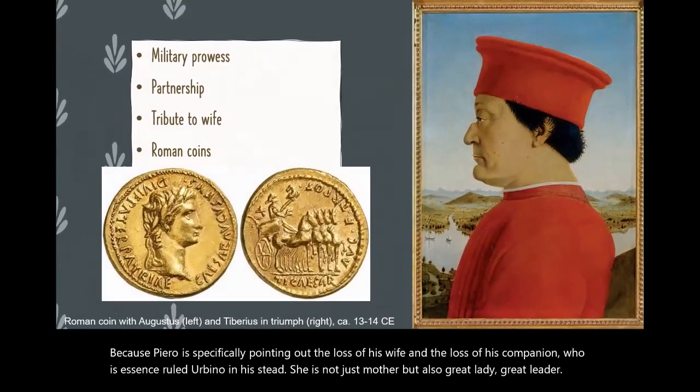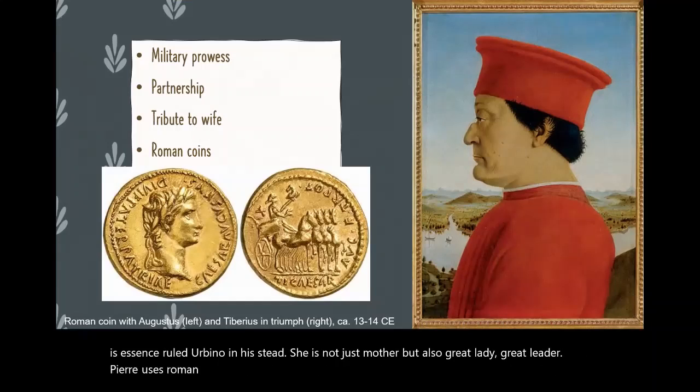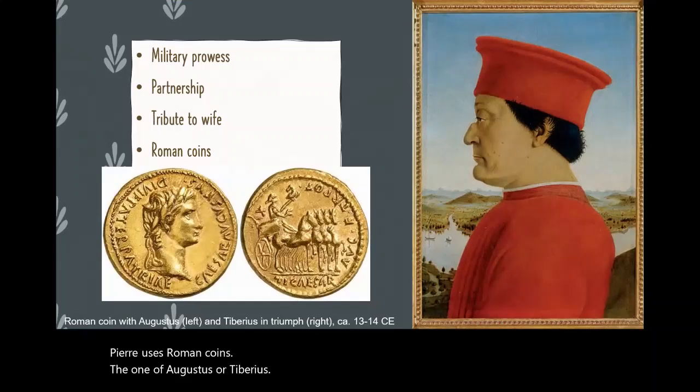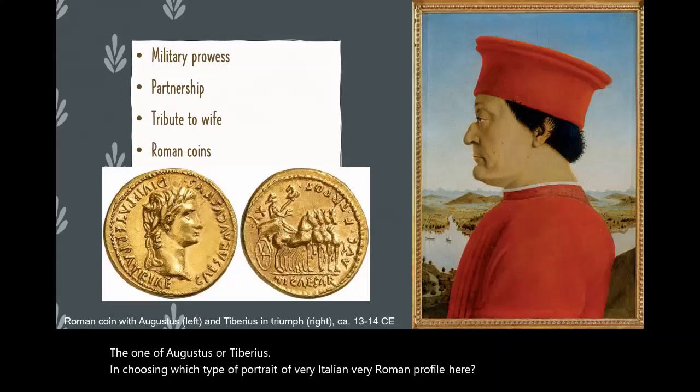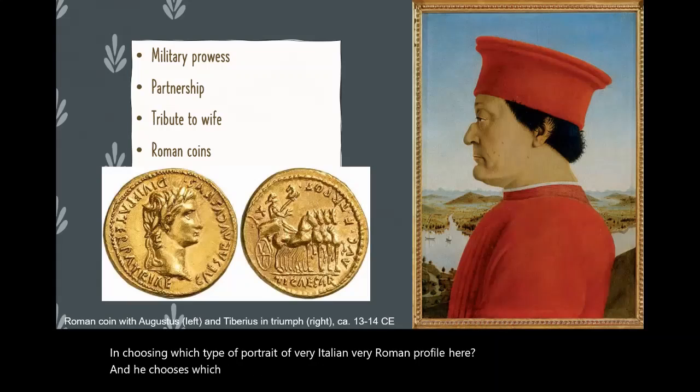Piero uses Roman coins, like the one of Augustus or Tiberius, in choosing which type of portrait, a very Italian, very Roman profile here. And he chooses which side, because his duke, he knows, has a terrible scar on the right-hand side.